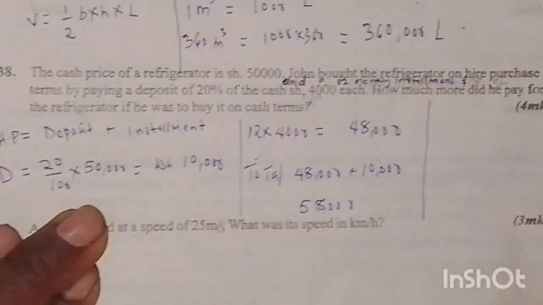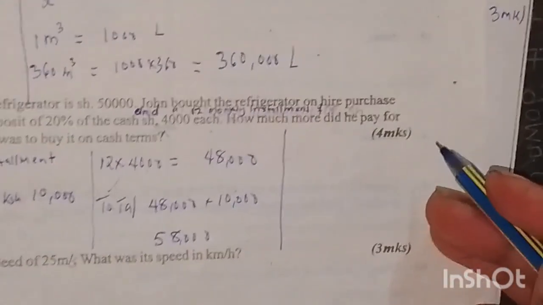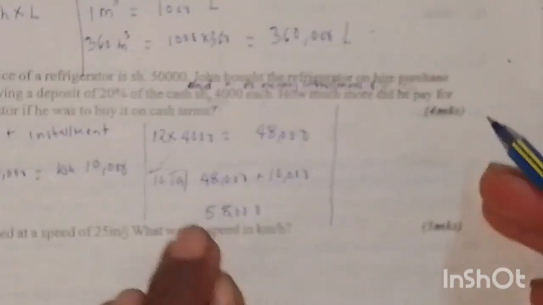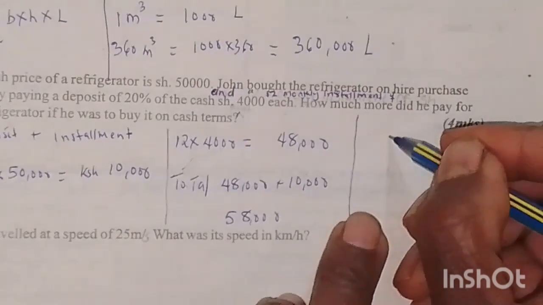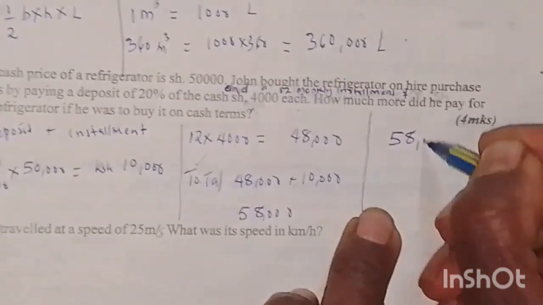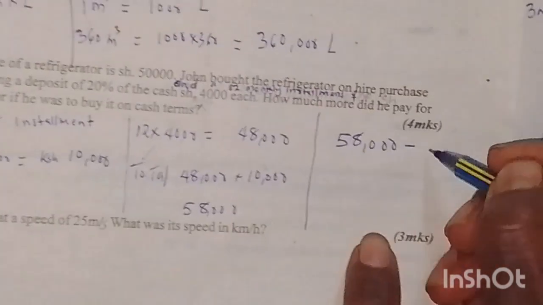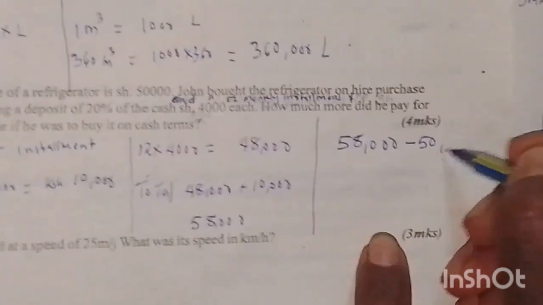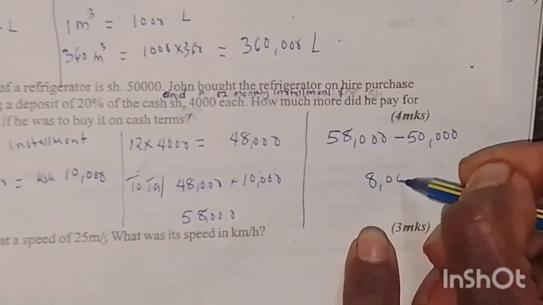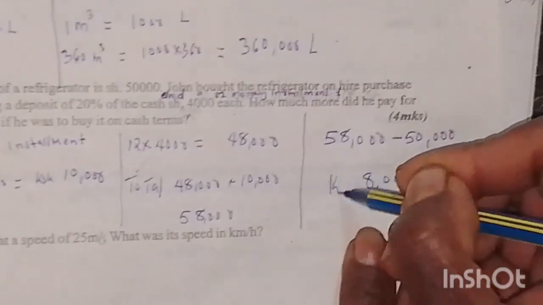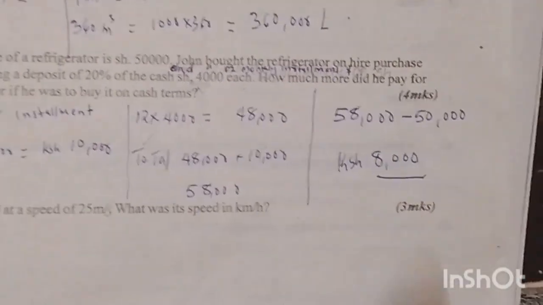Now, the amount that he paid for the refrigerator above the cash terms is the amount he paid, 58,000, minus the cash price of the refrigerator, which is 50,000. So he paid an extra 8,000 on hire purchase. That is the answer.